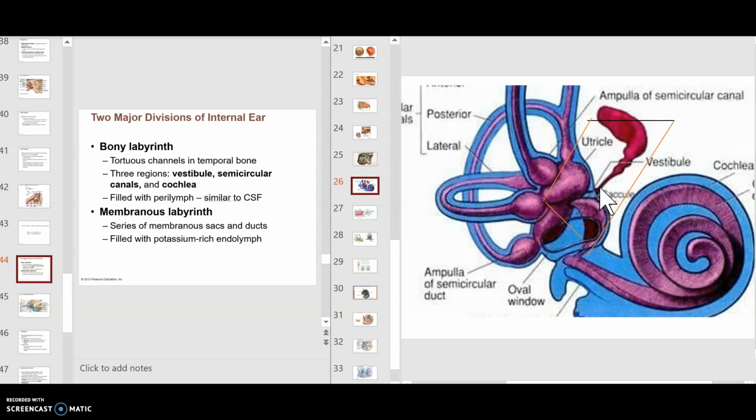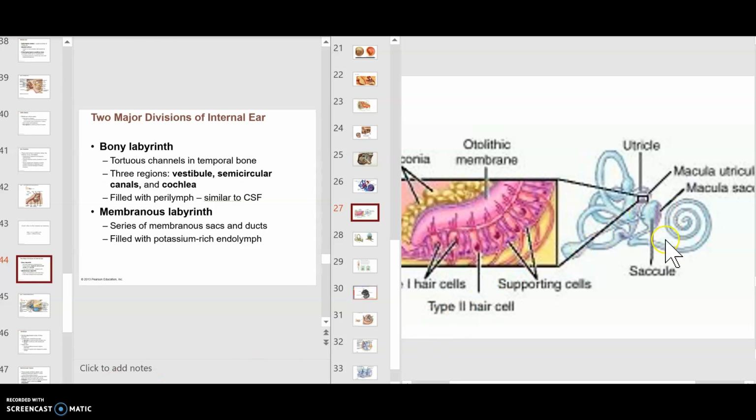Within the membranous portion of the vestibule, the utricle and saccule, you have the maculae that we'll look at.